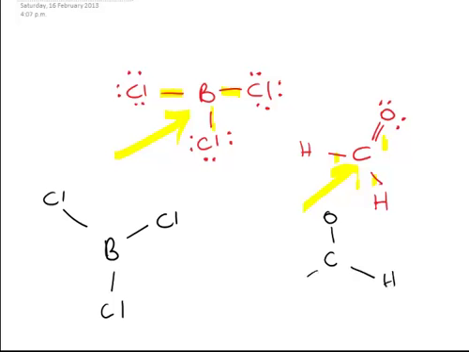Now notice I don't draw the double bond for the oxygen. This is just trying to show the shape in space, which is why I deliberately drew this one for the Lewis diagram to show that it looks like a T, but this is a Lewis diagram. Lewis diagrams aren't necessarily designed to show the shape. Okay, but when you're asked to draw it, this is how we draw it.